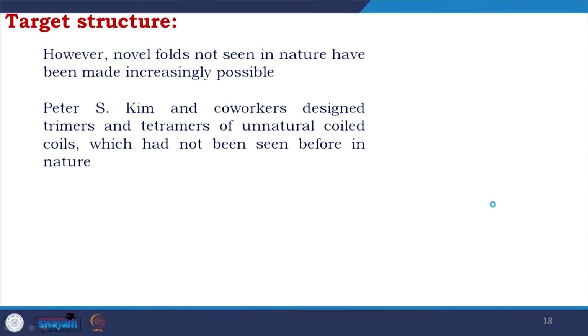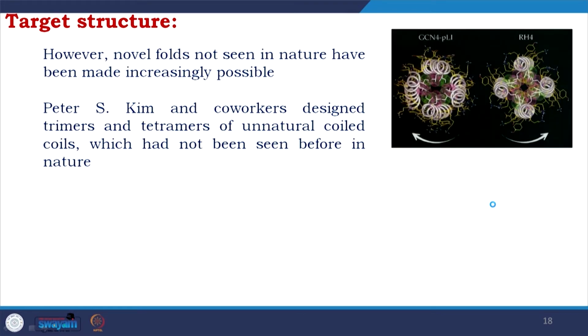Peter Kim and co-workers designed trimer and tetramer of unnatural coiled coils, which had not been seen before in nature. So, if you see, this is GCN4, the existing protein, and this is the tetramer RH4 designed by Peter Kim. You could see that the fold is very different, but these 4 alpha helices you see are the exact alpha helix coming from this protein.